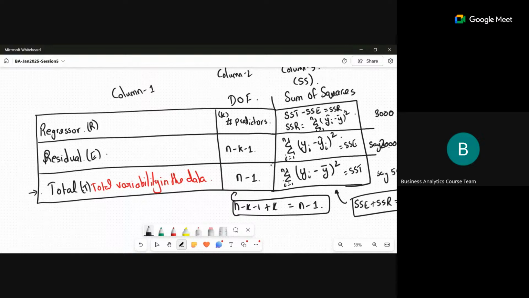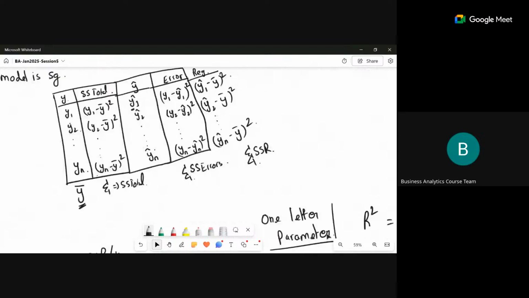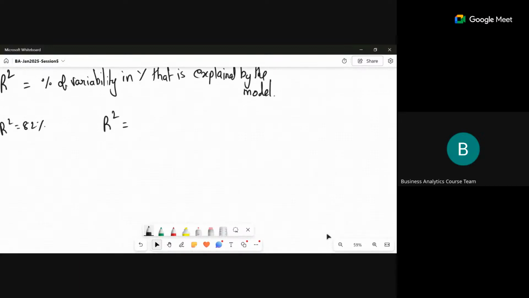Which term gives you that? SST is the total variability in Y. How much of that is explained by the model? SSR. So I have a total variability of SST. Of this, SSR is explained by the model. So your R squared is nothing but SSR by SST.